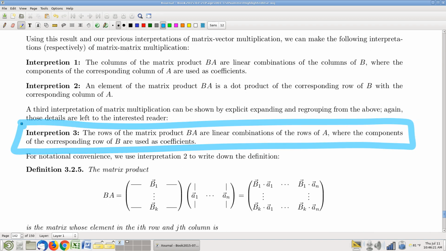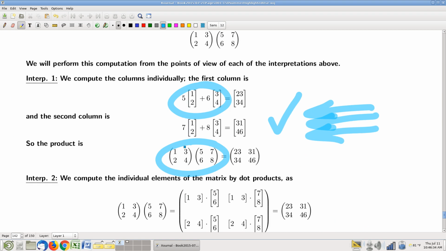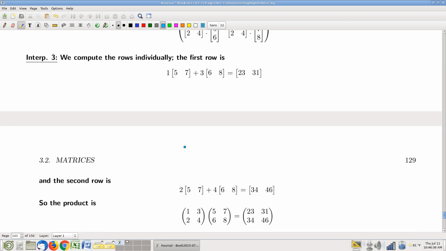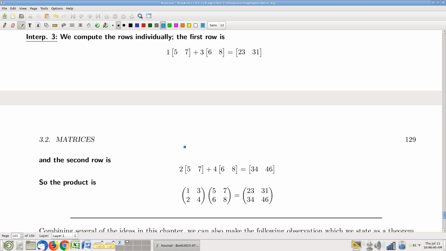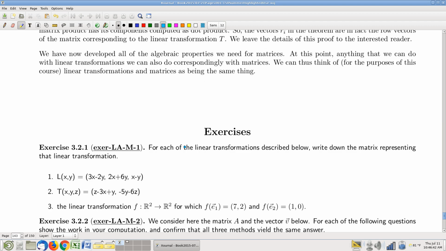We're not going to do a lot with this in this class, but you can also think about taking linear combinations of the rows of the right matrix using the left matrix for your coefficients. It's algebraically equivalent. Here's the example. You can go through that example on your own, and we're morally done with this section.